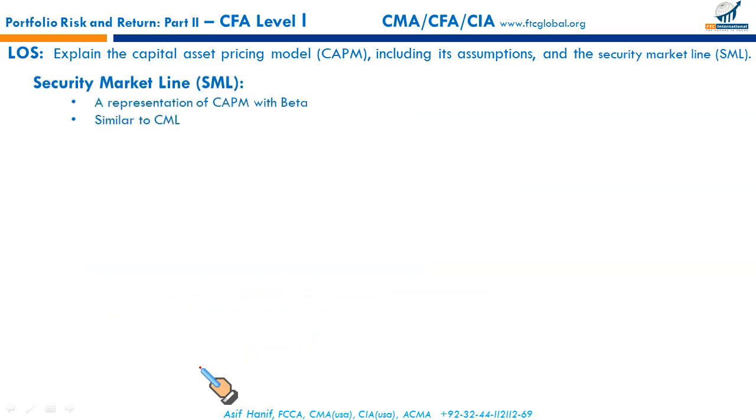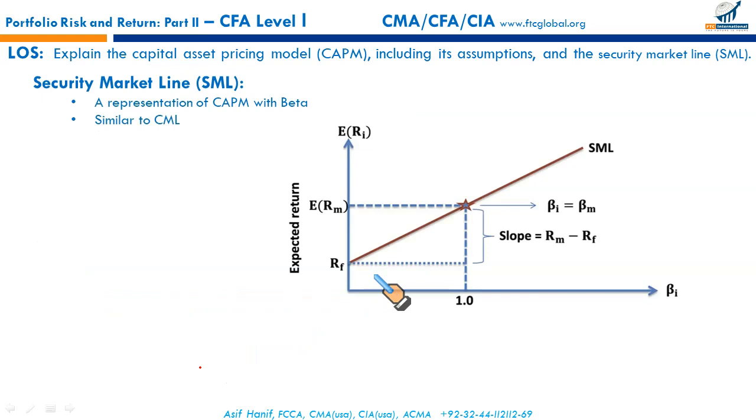Okay, here we go. This is your security market line. First we discussed the capital allocation line. That is the combination of the risk-free asset and the risky portfolio. Then the capital market line. And then we have the security market line. So here we have a representation of CAPM with beta reflecting the systematic risk.